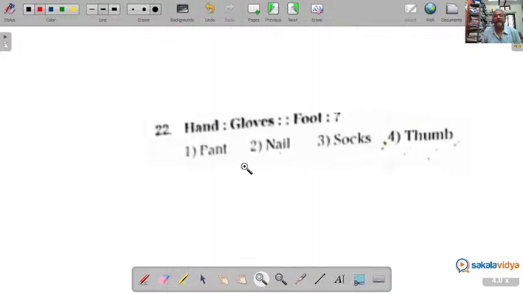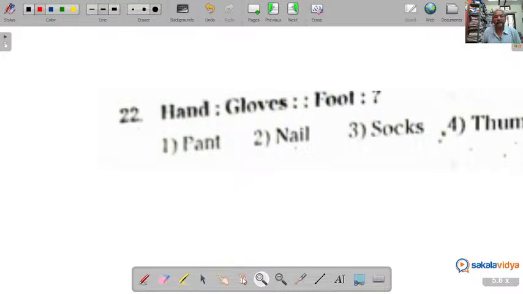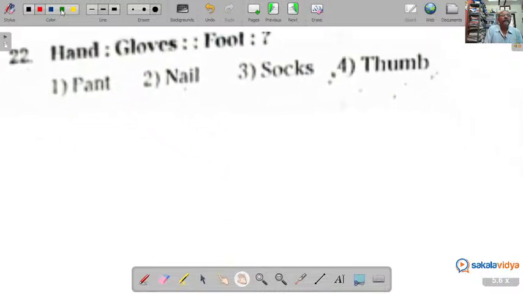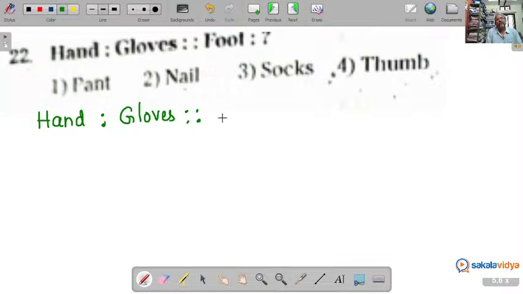See the 22nd. See the 22nd one. Hand is related to gloves.